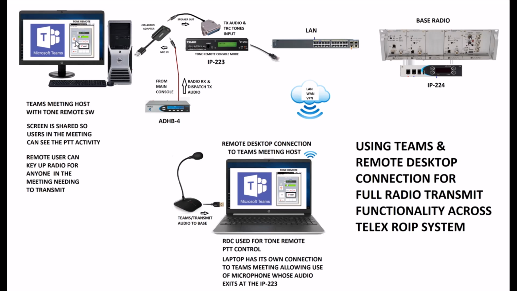Now, because your screen right here is shared amongst the meeting, all the other users can see your activity here, can see that you're changing channels and that you're doing the push to talk. And if any one of them needed to use the transmitter and make an announcement for whatever reason, you could give them the push to talk.